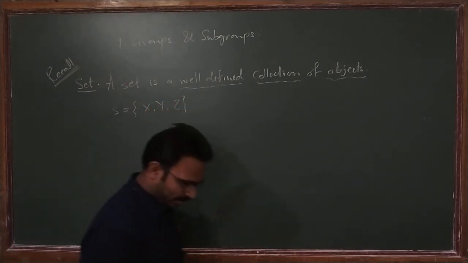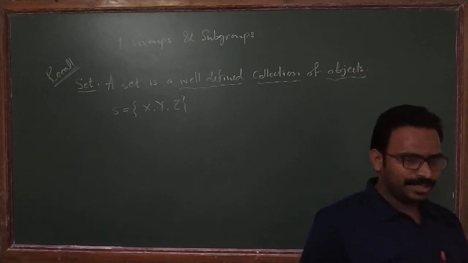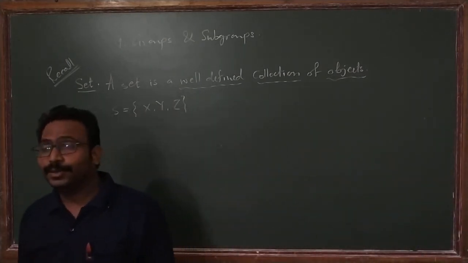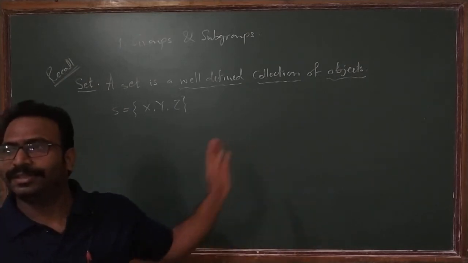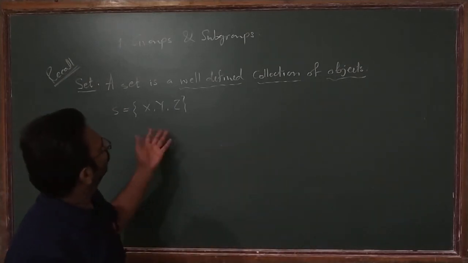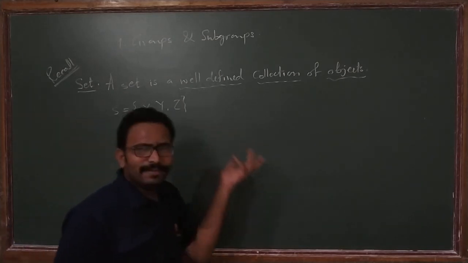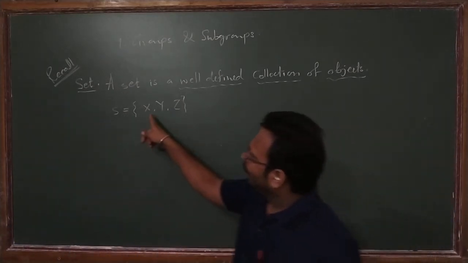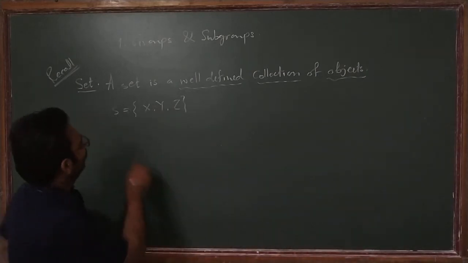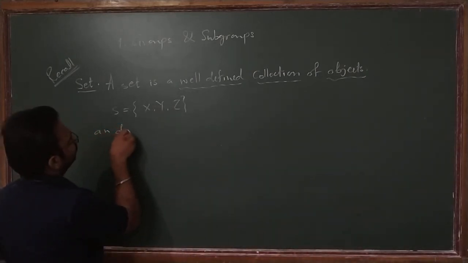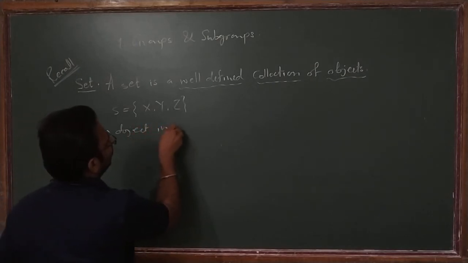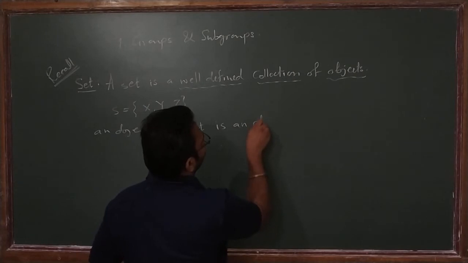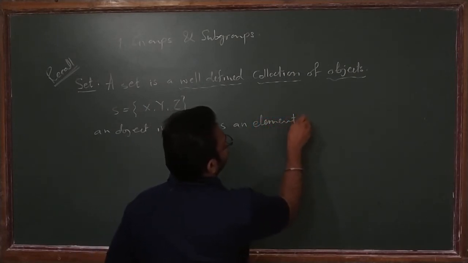So these X, Y, Z are 3 objects, and I have included them into a set, what I call the set S. What we call an object in a set is an element of the set.